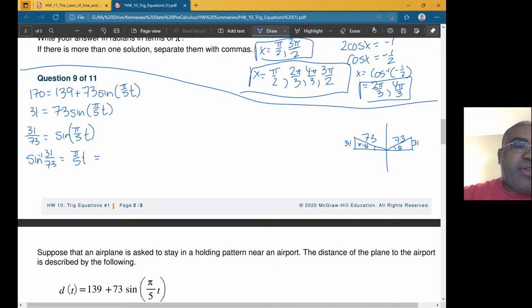If I take the arc sine of this, and again, we are in radians mode, arc sine of 31 over 73, I get 0.438, so on and so forth.